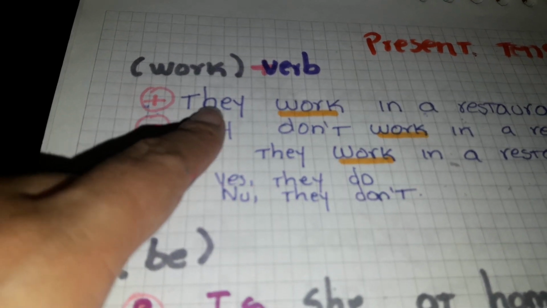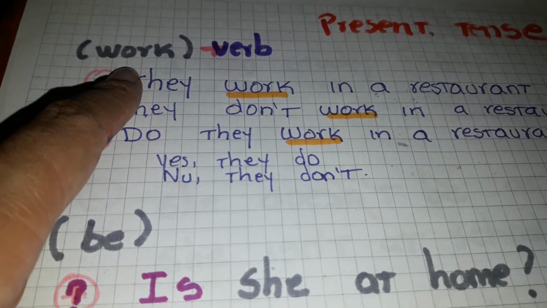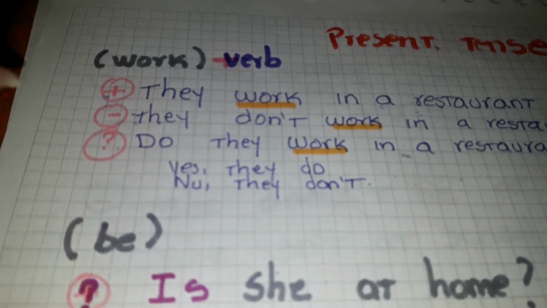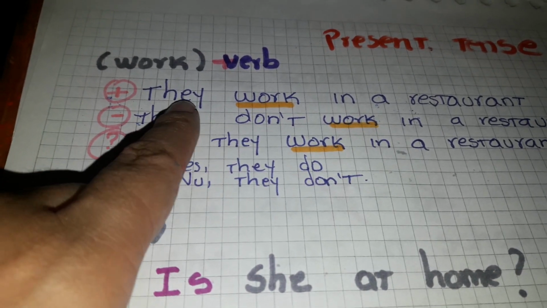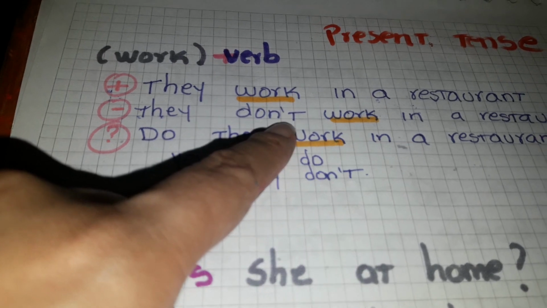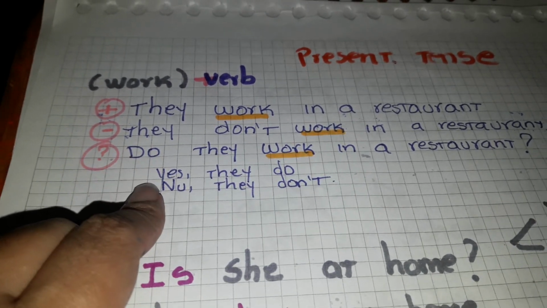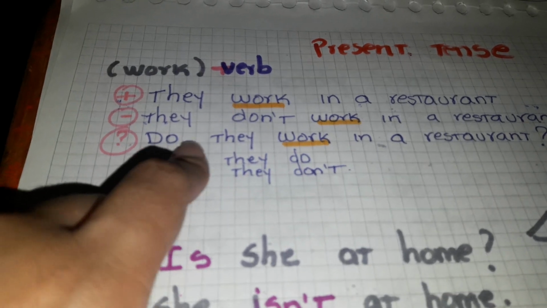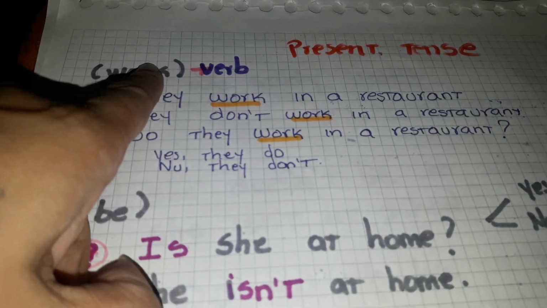In affirmative form, you use they work in a restaurant, okay? Why? Because our verb is work. You need negative. They don't work in a restaurant. The auxiliary for work in simple present is don't with this subject. In interrogative form: do they work in a restaurant? Do. Pay attention. This is the key word.